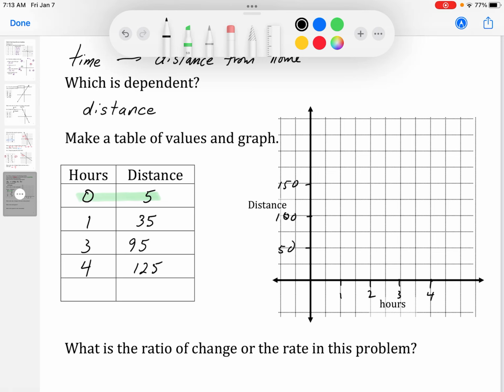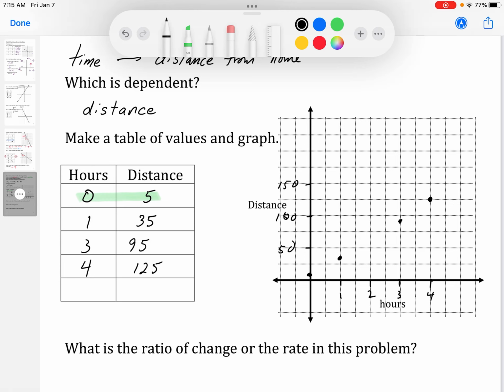So at 0 hours, I'm at 5 kilometers, right about there. At 1 hour, I'm going to be at 35, so maybe somewhere around here. At 3 hours, we're at 95, so I'm just down there. And at 4 hours, I'm at 125 kilometers.